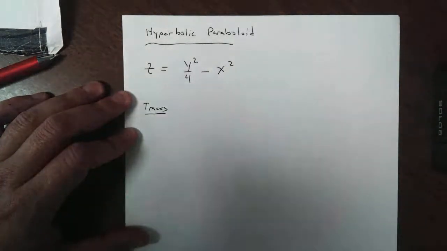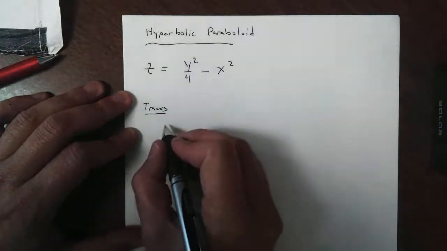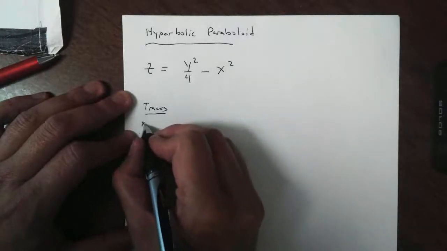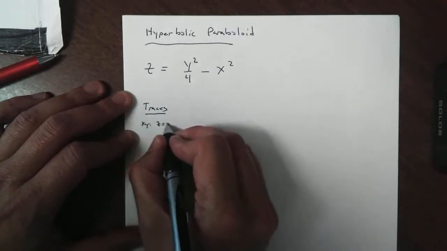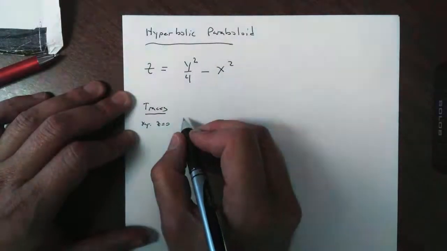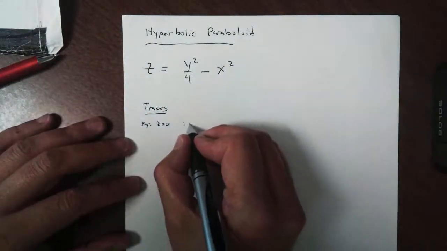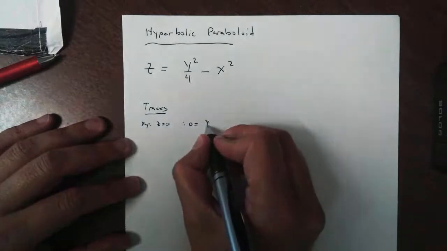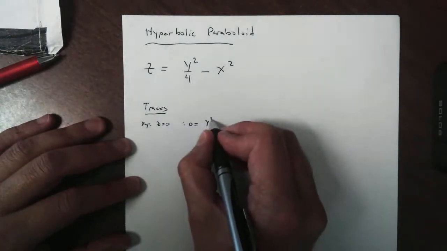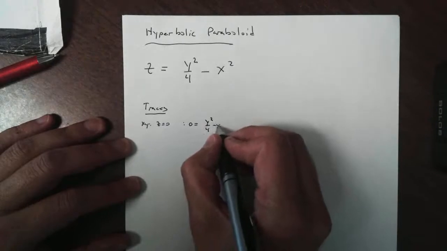The first thing I'm going to talk about is the xy plane. If we let z be 0, we get 0 equals y squared over 4 minus x squared.